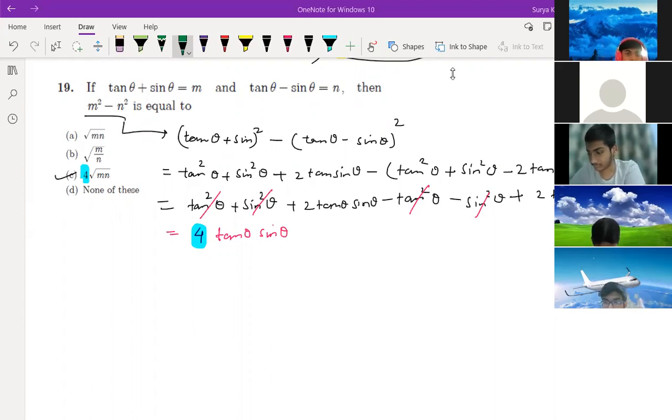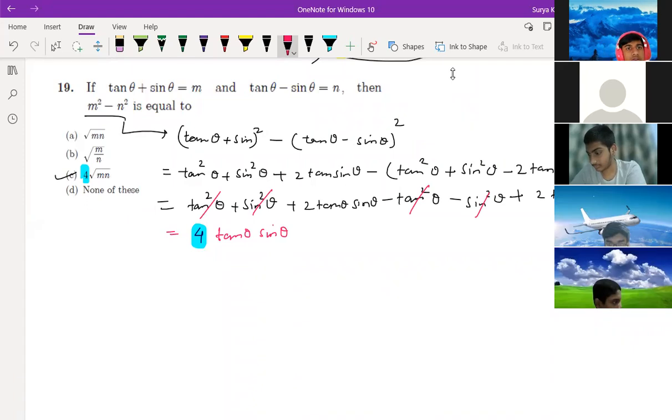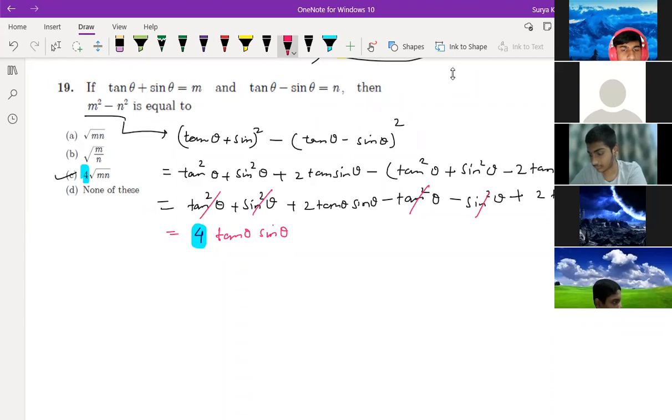Tell, Samarth. Yeah. So here we can take the value of tan theta as m minus sine theta. If we take sine theta to the other side, in place of m, we'll get tan theta equals m minus sine theta.